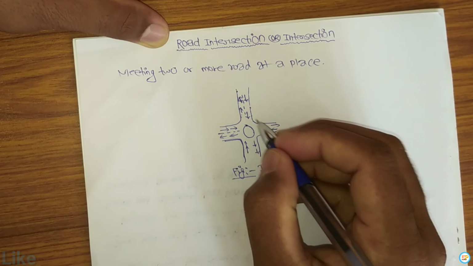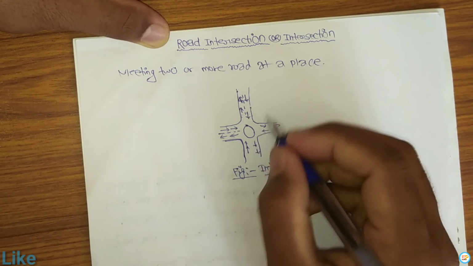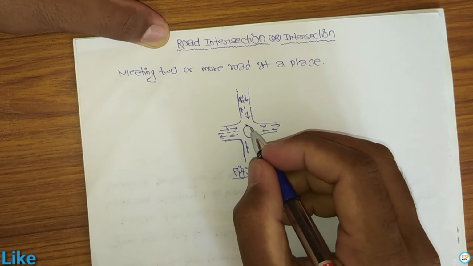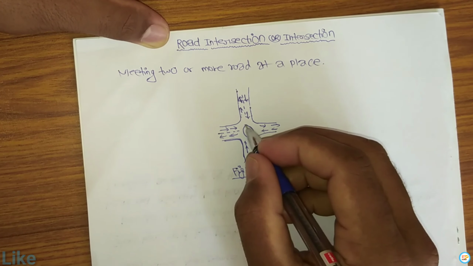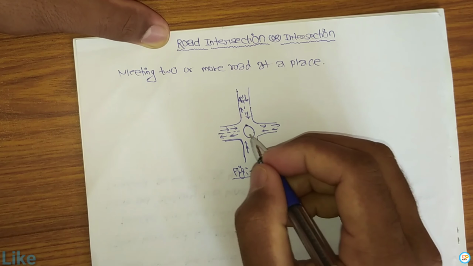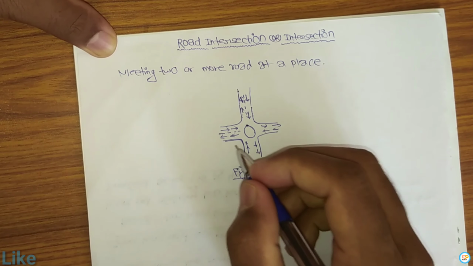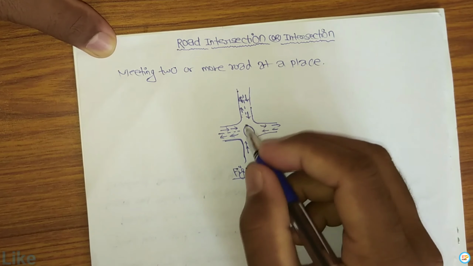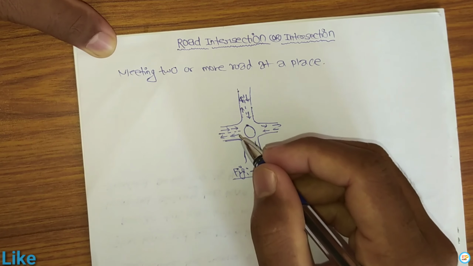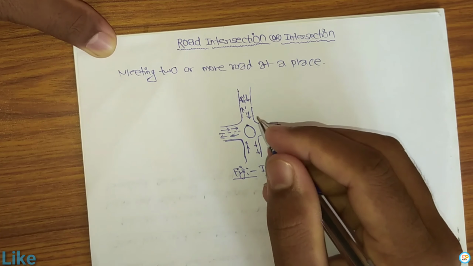The vehicles are entering from the four sides of the road into the intersection, into the island. So that is nothing but an intersection. Intersections may be classified by the number of road segments, traffic control or lane design.